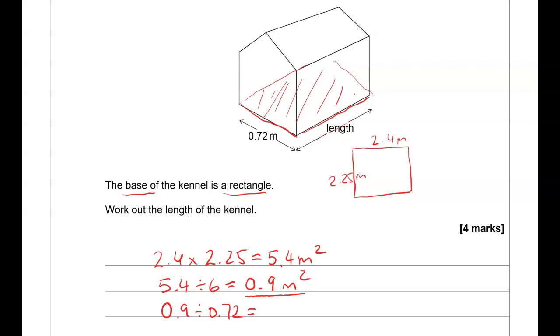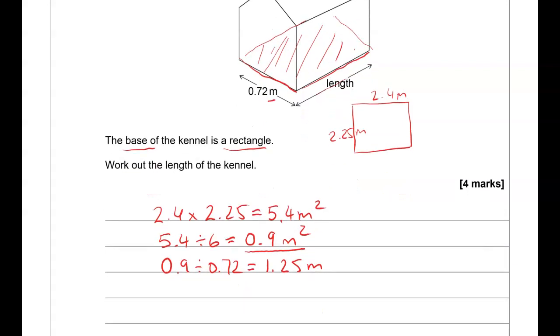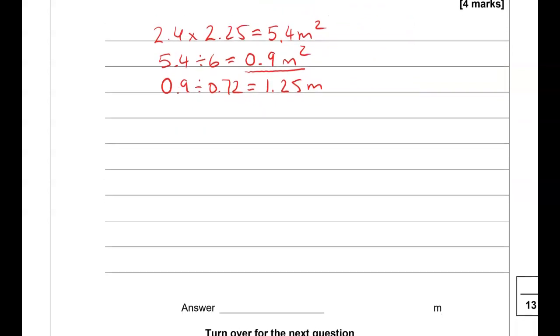Now we've got the area, let's divide it by the width to get the length, and that gives us 1.25, and that's going to be meters, because we input square meters divided by meters. That's going to give us meters as the answer.